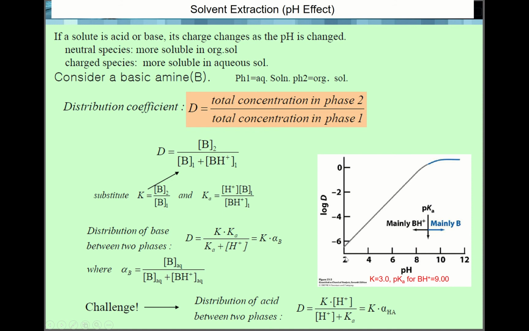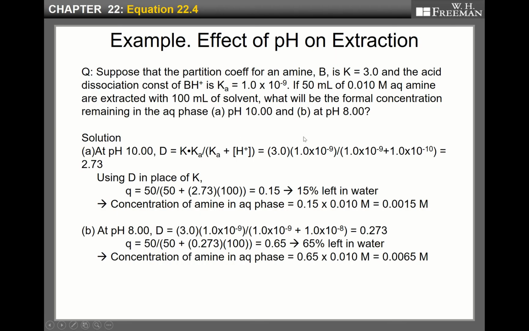The small D means more amount in the aqueous phase. This example demonstrates that fact.